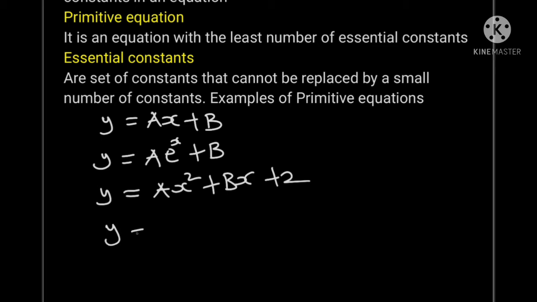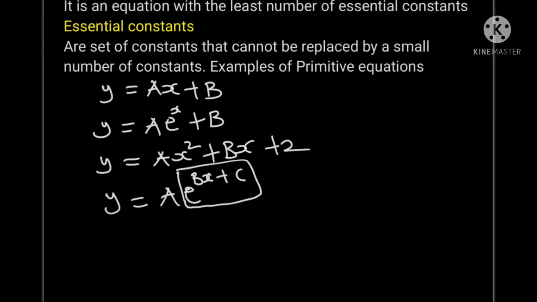Another one, y equals a exponential bx plus c. Now, this part of the equation can be split using the laws of indices. Therefore, we can write y equals a exponential bx times exponential c.